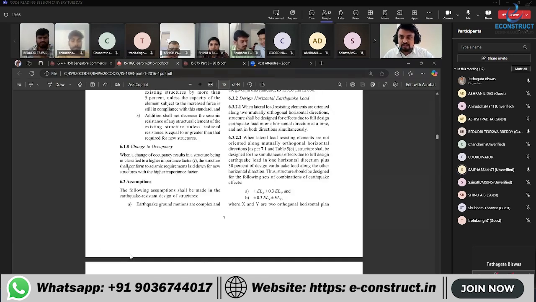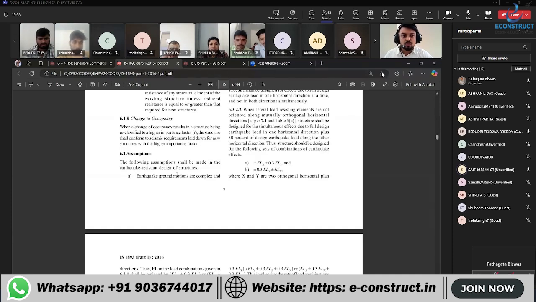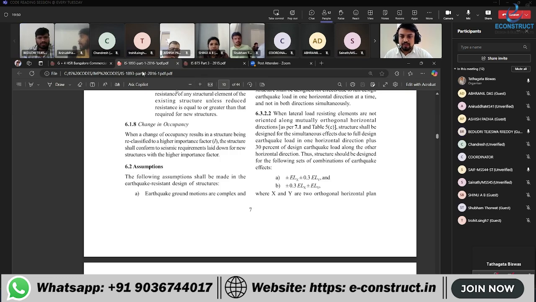The assumptions are very important. I'd ask Mr. Reddy to open the annotate option from the top so that I can annotate on your screen. There is a stop sharing option above your screen, and beside it there is an annotate option.